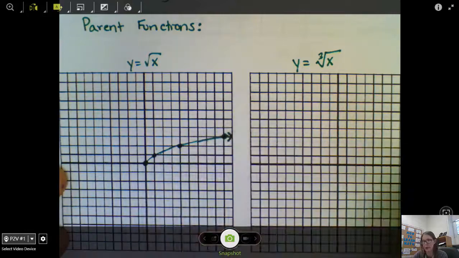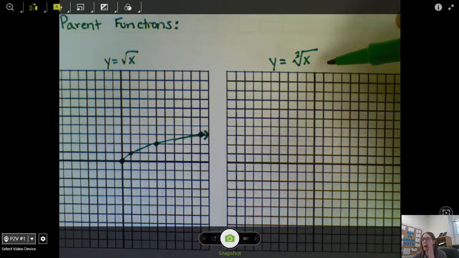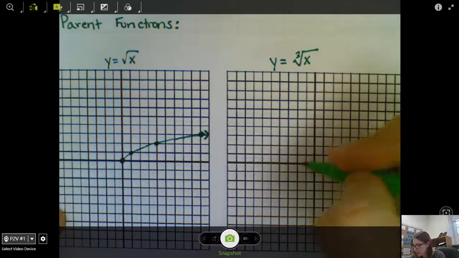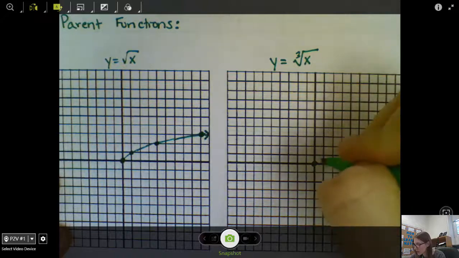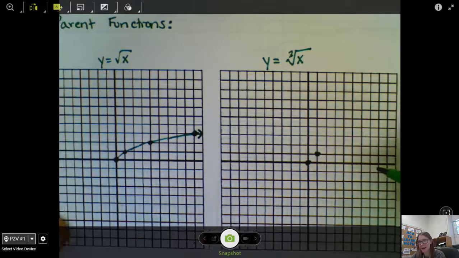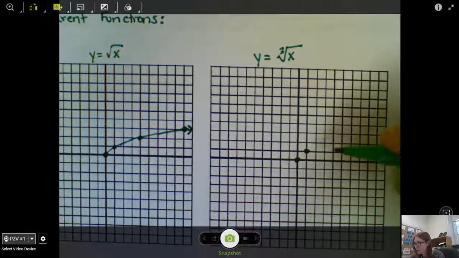Here we go, cube root of x. Remember, we're asking what one number can we multiply by itself again to give us x. So 0, the cube root of 0 is 0 because 0 times 0 times 0. 1 we can cube root. And then 8 is our next number we can cube root nicely because 2 times 2 times 2.